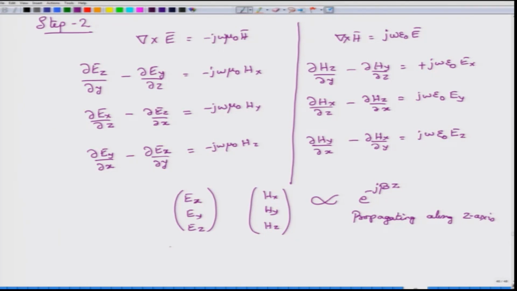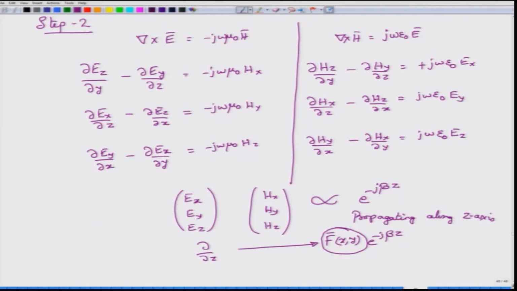So, clearly if I differentiate any of these components on the left with respect to z, we already know that the modes will be of the form f of x y e power minus j beta z. Of course, this f will be different for different components. If you differentiate the total mode function with respect to z, f of x y is independent of z, therefore it could be treated as a constant.